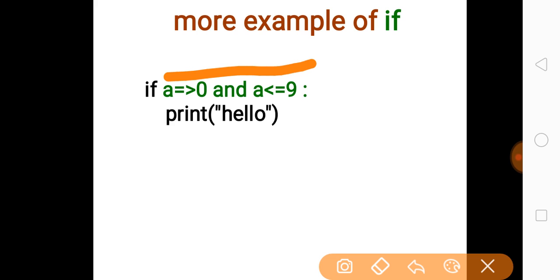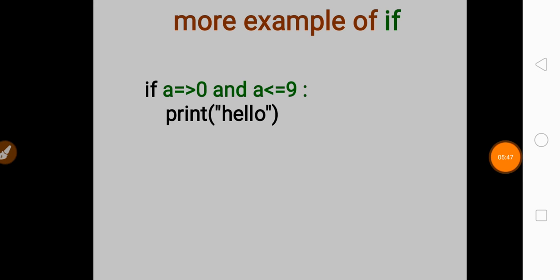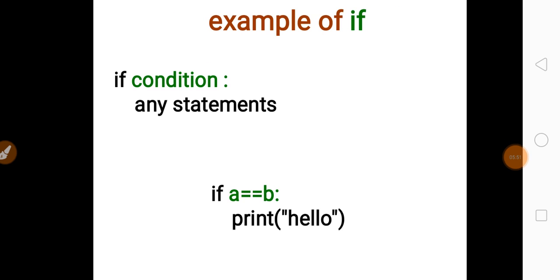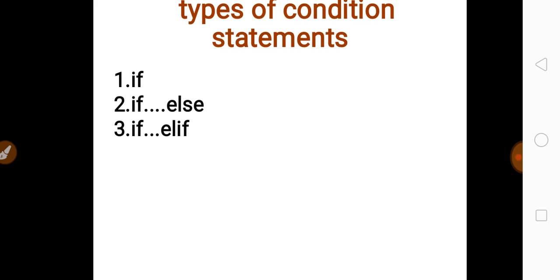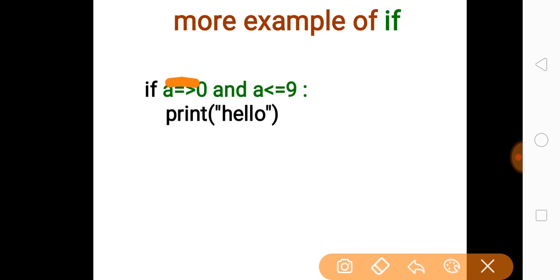If you see carefully, I have used this AND operator, and this AND operator is joining two conditions. One condition is a greater than or equal to 0, and another condition is a less than or equal to 9.